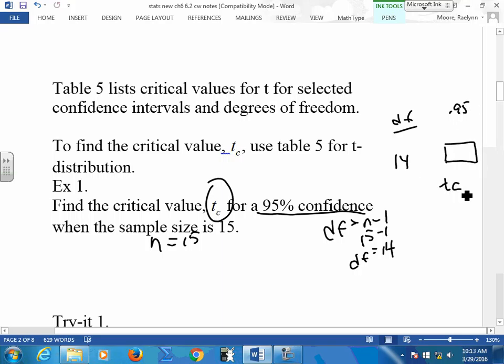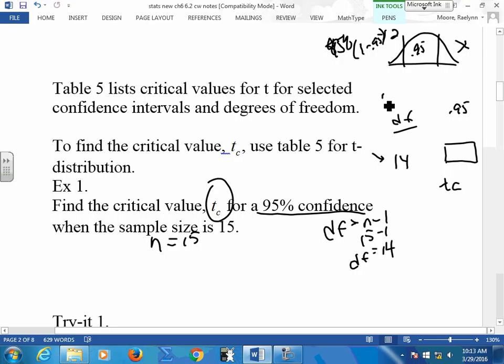You no longer have to make that little thing that we did before. If we had 95% before, we put 95 in here. We did 1 minus 95. This is what a lot of you forget to do. Divided by 2 and find your Z-score for that. Remember that? We don't have to do that for this. Life is easy. You look at your table, find your degrees of freedom.